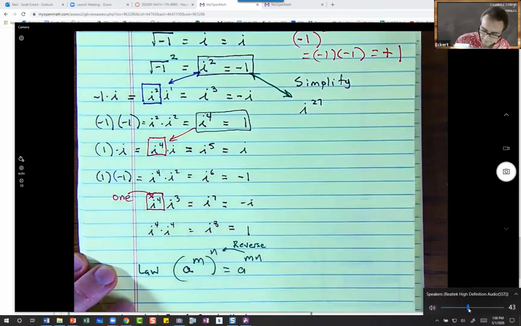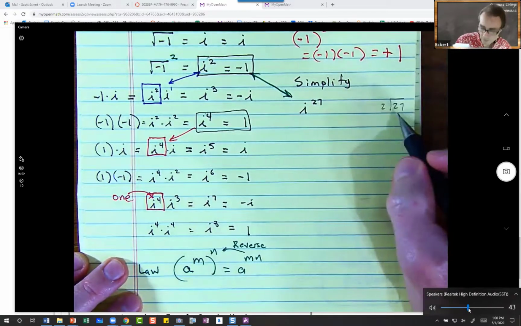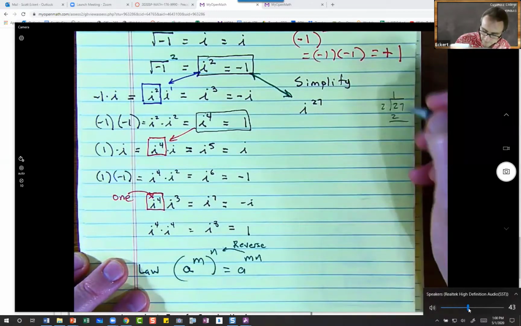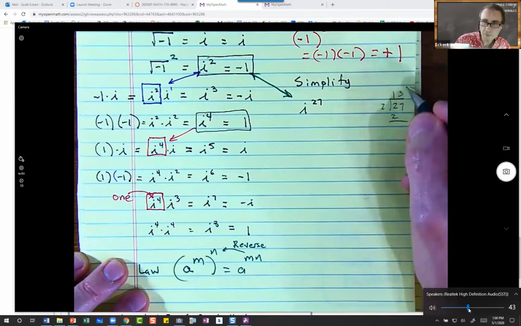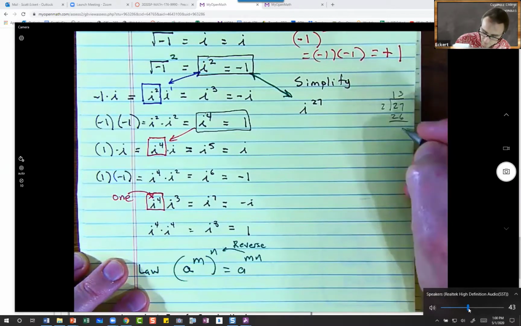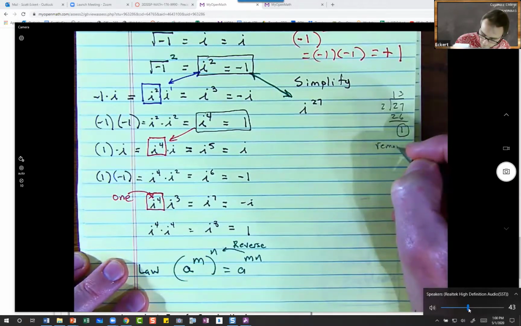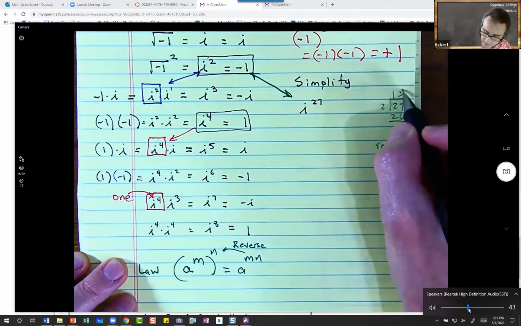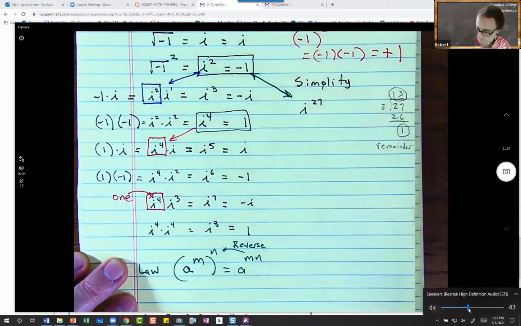A little bit of calculator work. 2 goes into 27 once. 2 times 13 is 26 with 1 left over. So I have a remainder of 1. So I can take 13 powers of i squared.